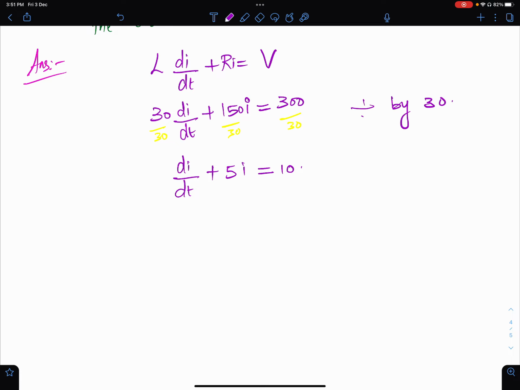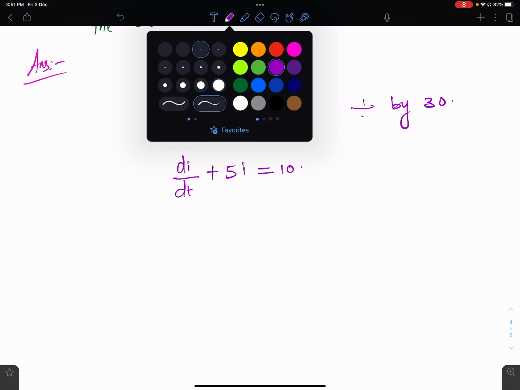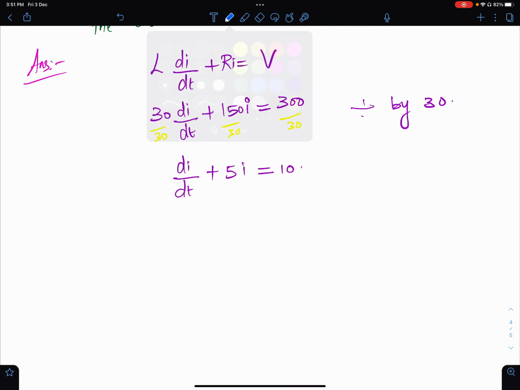So now we have to solve this differential equation, but it is a very easy task, because we just compare it with the first order linear differential equation dy by dx plus py equal to q.